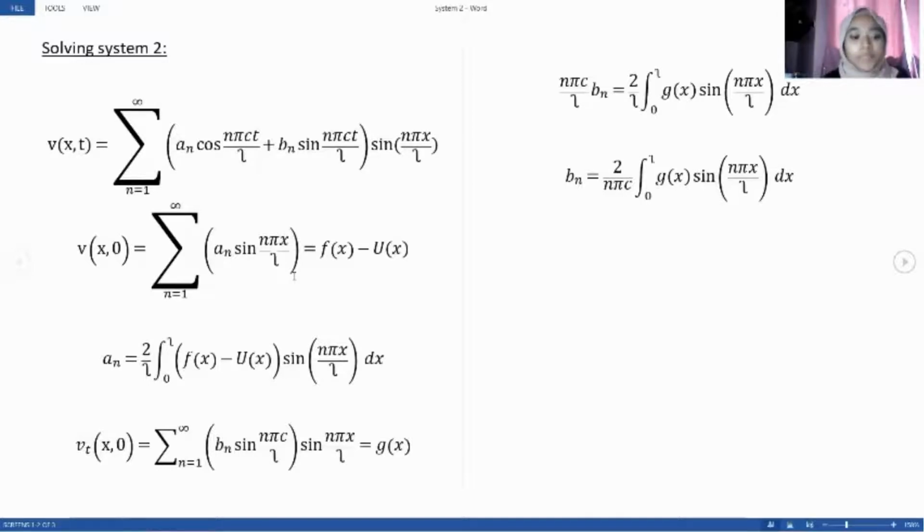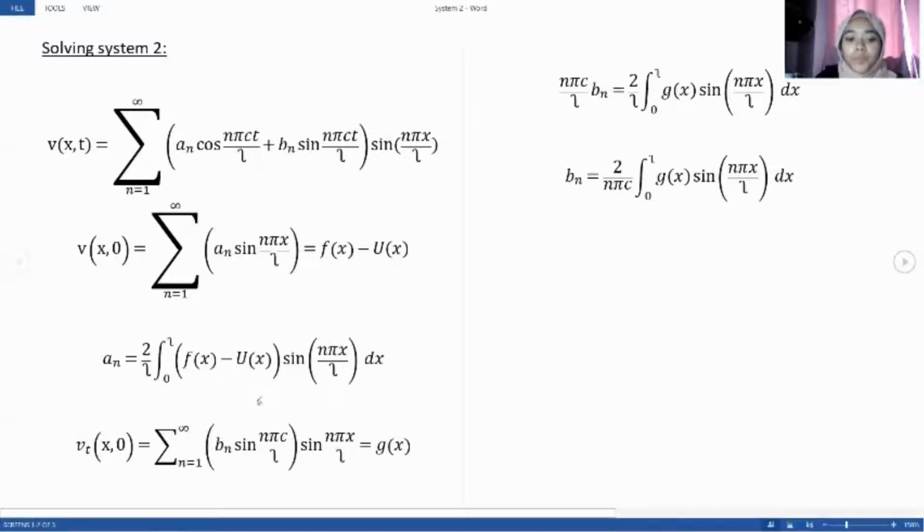On the other hand, we apply another initial condition, which is v_t with t equal to 0. Hence, when we substitute t equal to 0 into v_t, we obtain the equation equal to the summation of n equal to 1 until infinity of b_n (n pi c over L) sin(n pi x over L) equal to g(x).